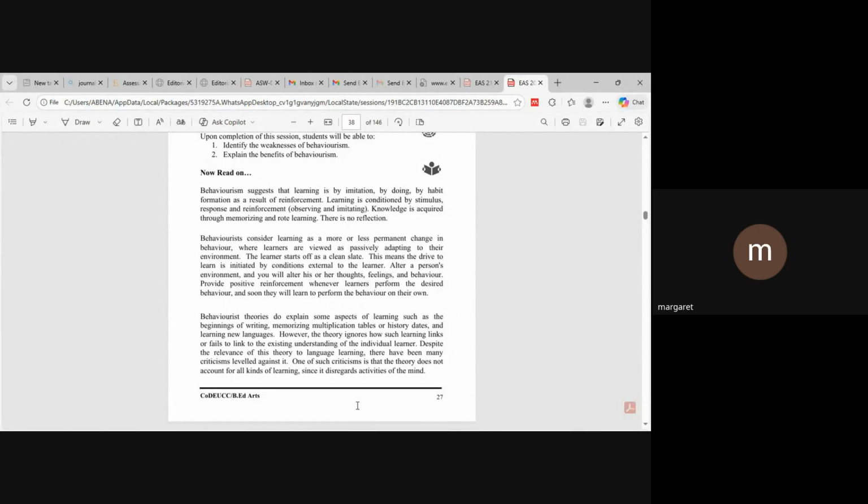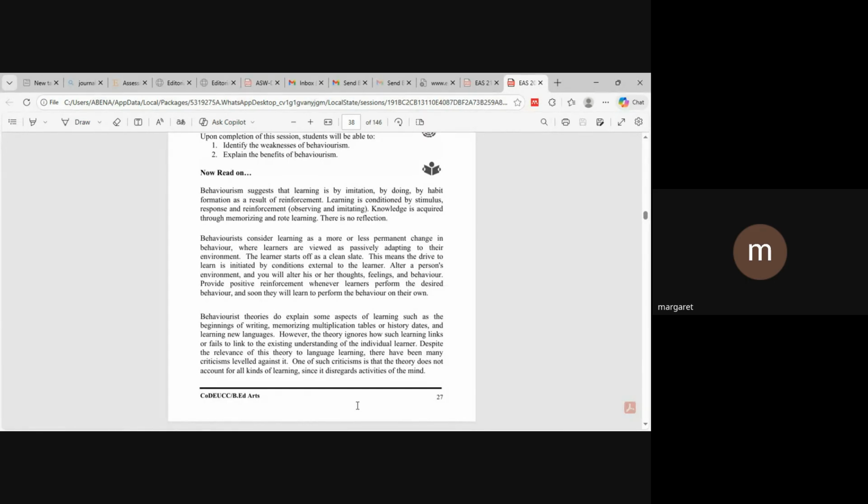Right. And also, it does not account for why there are errors. Why students continue to make mistakes or errors. Now, there's a difference between mistake and error. When you say a learner has made a mistake, it is when the learner is able to acknowledge the deficits and then the child is able to correct them.